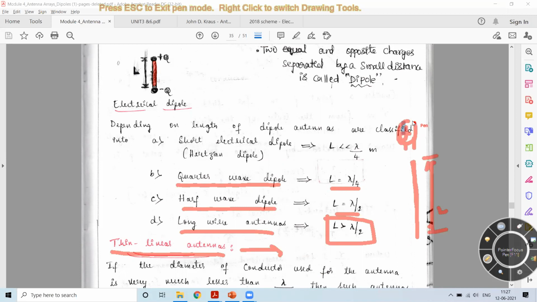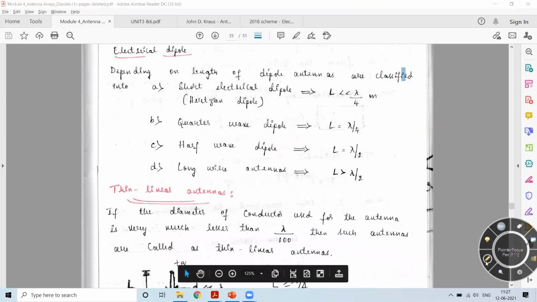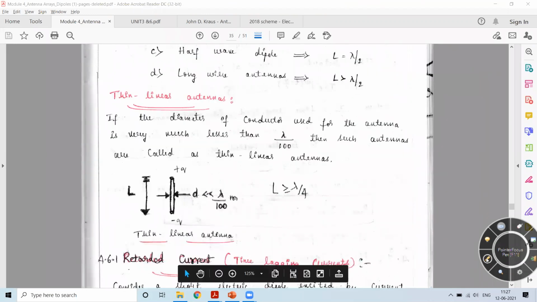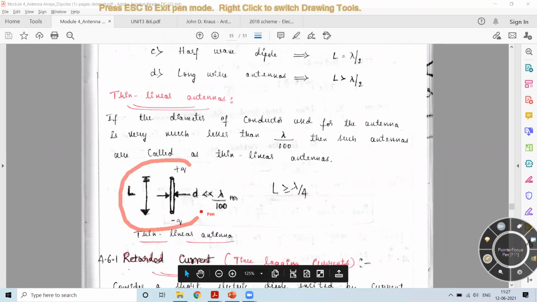If the diameter of that wire is very small, that is, less than lambda by 100, then we classify it as a thin linear antenna. So this is what they have specified.